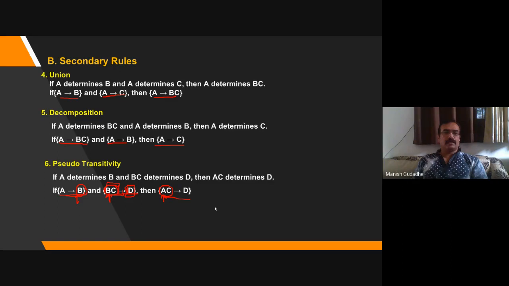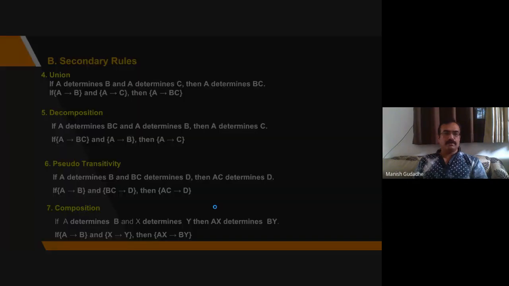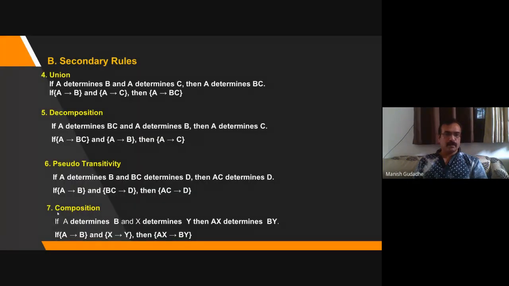And lastly is the composition. If A determines B and X determines Y, there are two separate FDs which hold on the same relation. We are combining determinants and we are combining dependents.